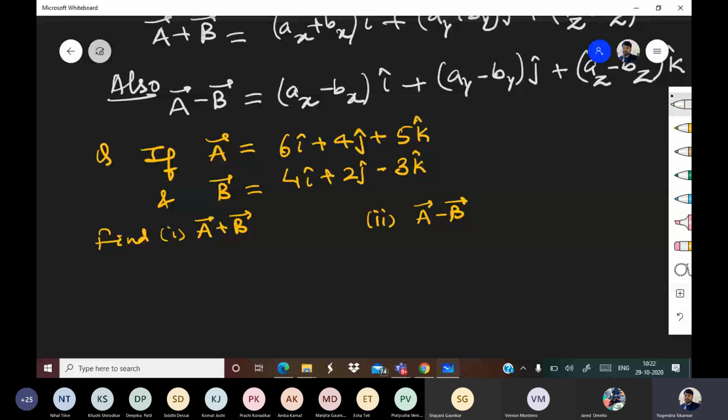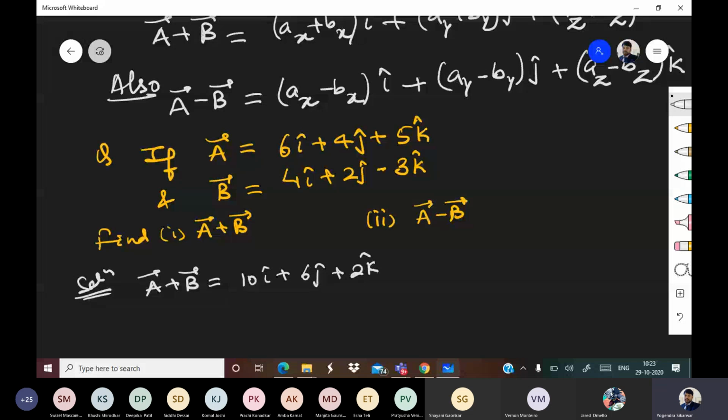So it's very simple. A vector plus B vector will be 6 plus 4, 10 i cap, plus 4 plus 2, 6 j cap, plus 5 minus 3 will be 2 k cap.